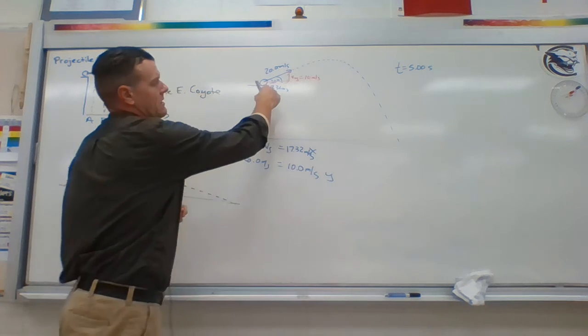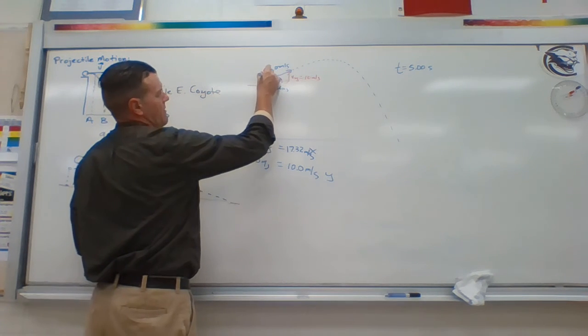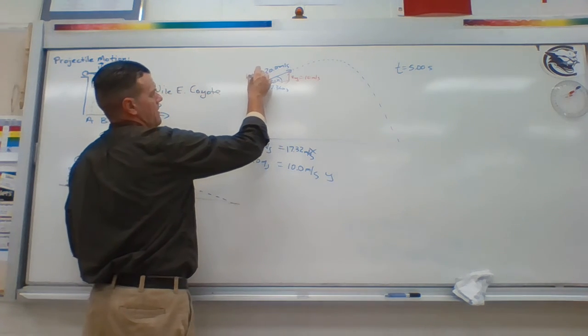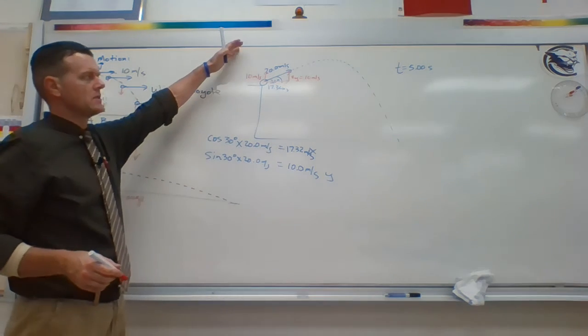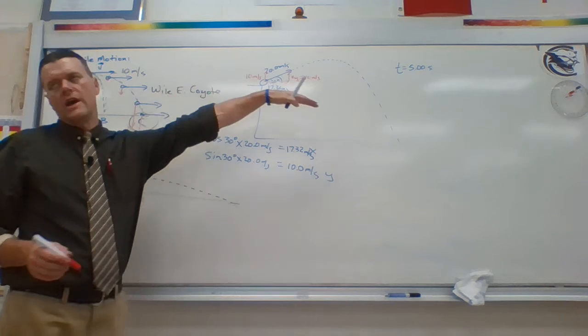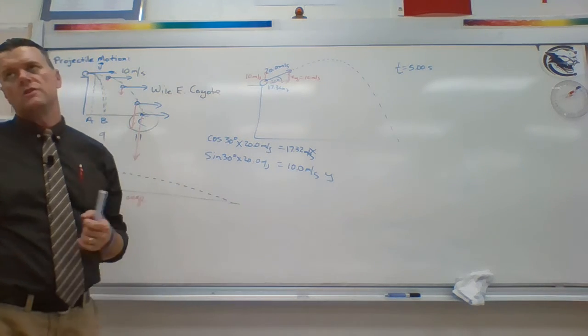Now, some students like to take this and draw that vector right here. That doesn't matter. However you want to visualize that. The initial vertical velocity is 10, and the initial x velocity is 17.32.